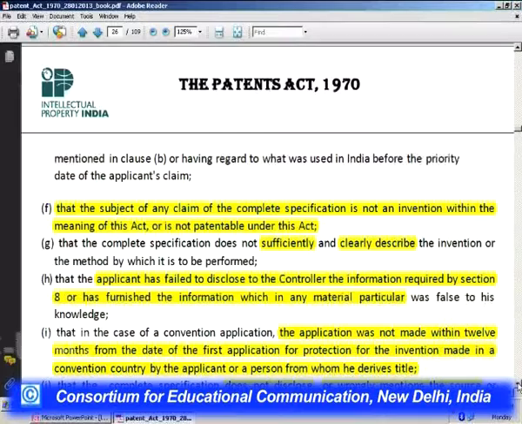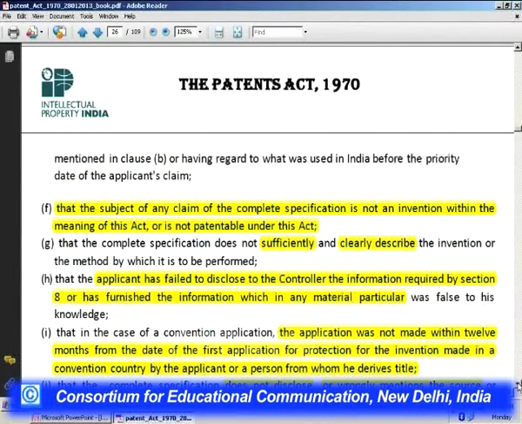Well, friends, moving ahead, if you look at 25(1)(h), it says, if the applicant has failed to disclose to the controller the information required by section 8 or has furnished information which in any material particular was false to his knowledge.